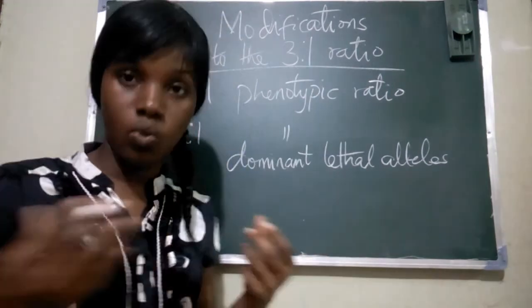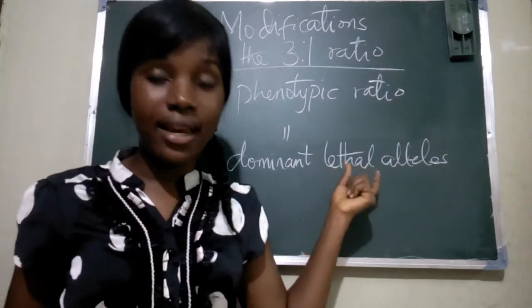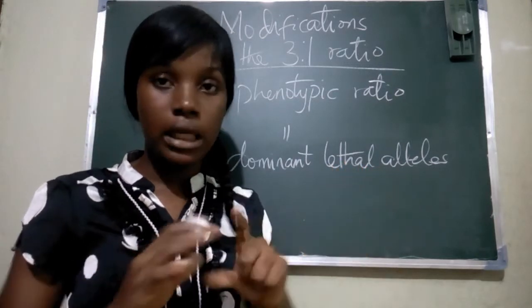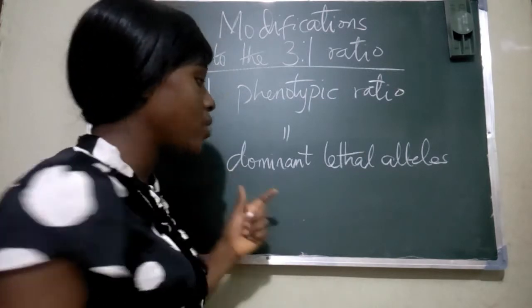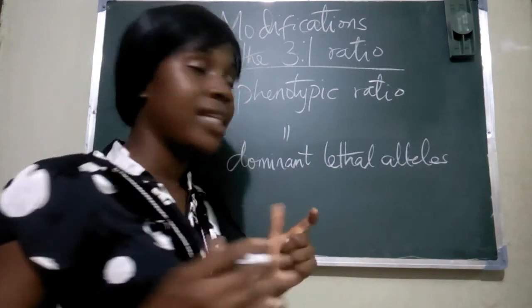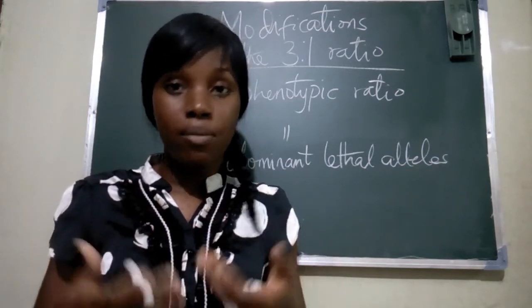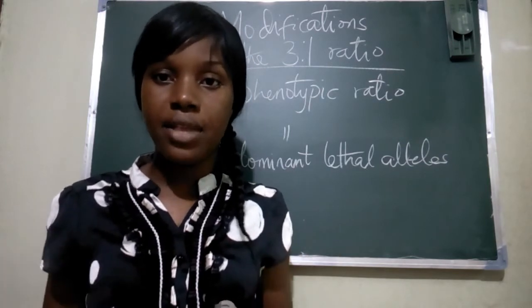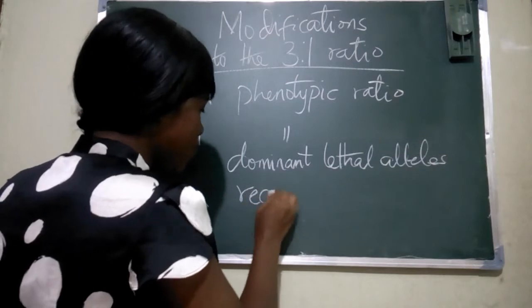When they are in the homozygous condition, they cause the death of the individual. When they are in the heterozygous condition, they cause severe developmental problems for the individual carrying them.